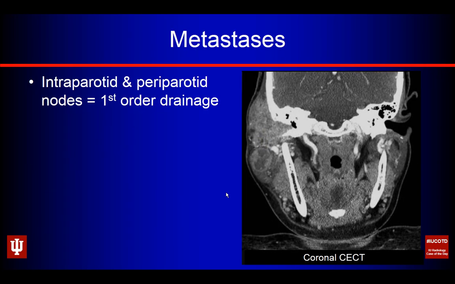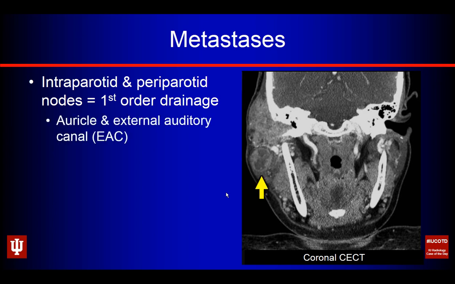Also, critically important thing to keep in mind is metastatic disease to the parotids. So the intraparotid and periparotid lymph nodes are the first order nodal drainage of the ear and the external auditory canal. So here we can see this necrotic rounded mass within the right parotid. Look carefully. We have this huge fungating invasive mass within the right external auditory canal and external ear.